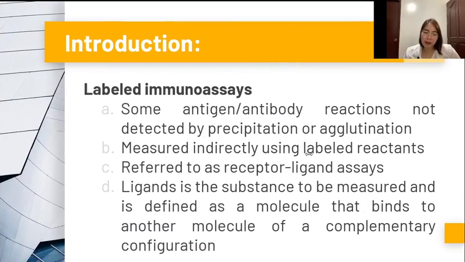Okay, so to start our lesson, when we say labeled immunoassay, last week, we have discussed different unlabeled immunoassays such as your precipitation reactions and agglutination reactions. So these reactions that we have discussed last time are serological tests, or basic immunological procedures which are fairly simple.